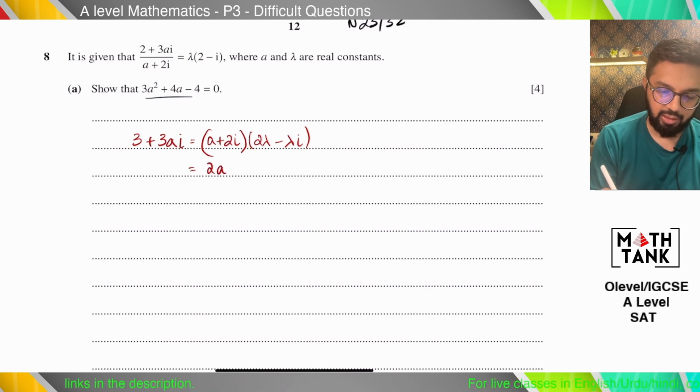So I get 2a lambda minus a lambda i plus 4 lambda i minus 2 lambda i squared.